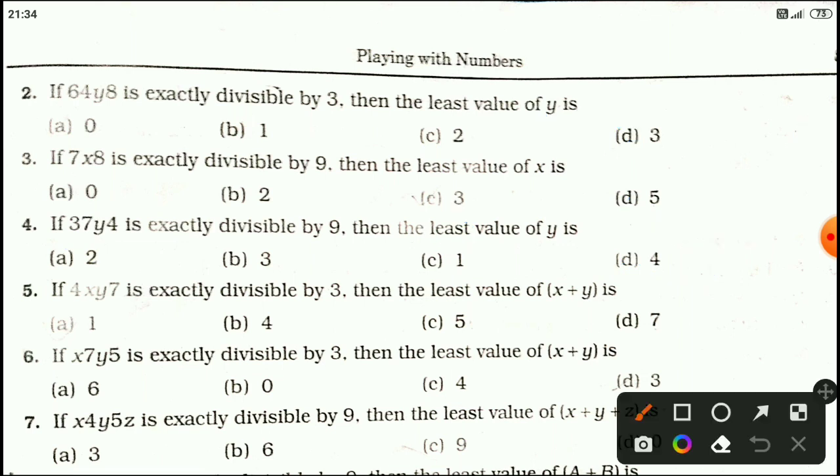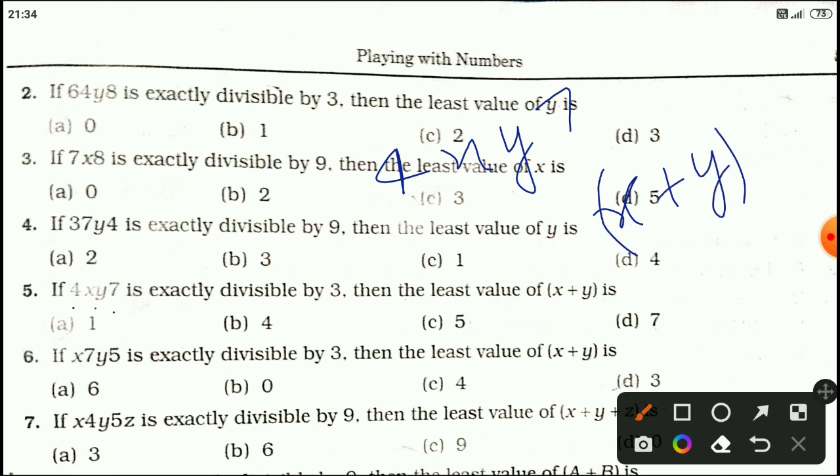Now next is: if 4xy7 is exactly divisible by 3, then we have to find the value of x plus y. The least value is what it is talking about. So 7 and 4 we get 11, and we are just lacking 1, because it is asking for the least value.